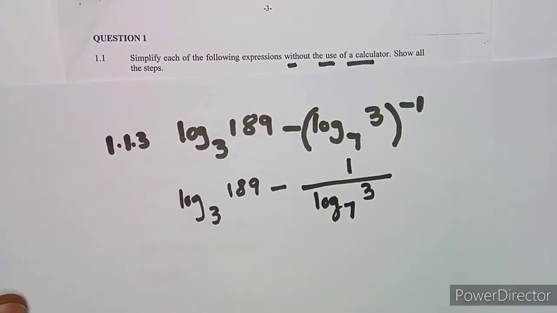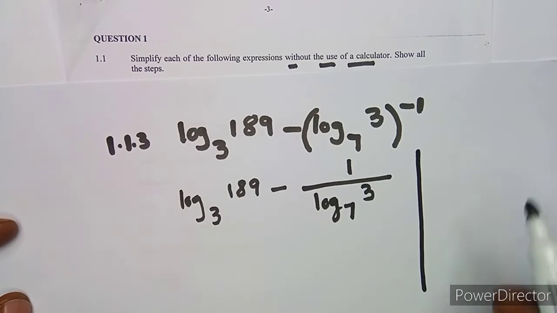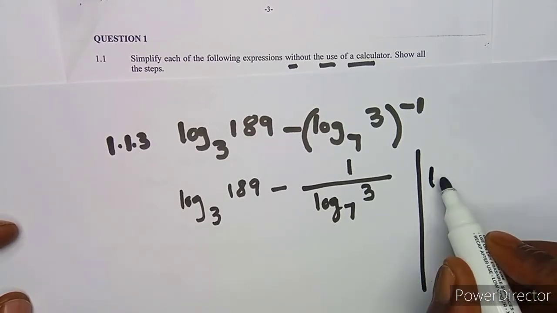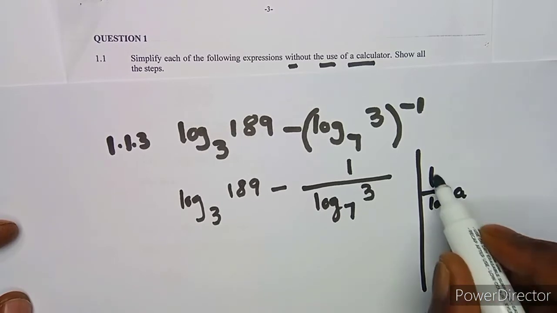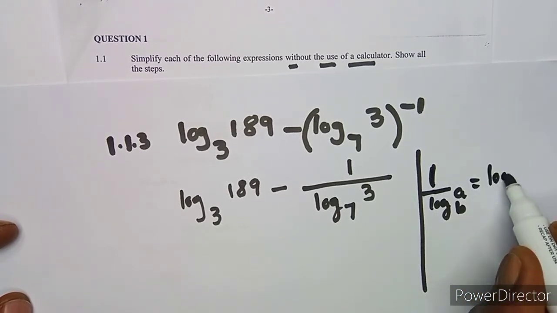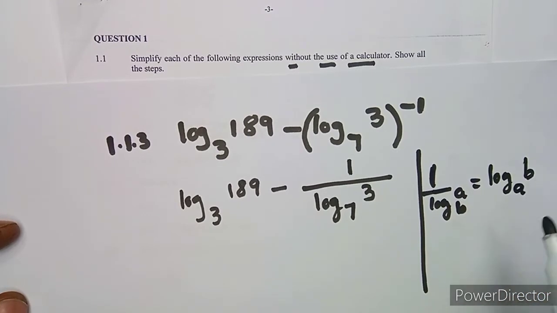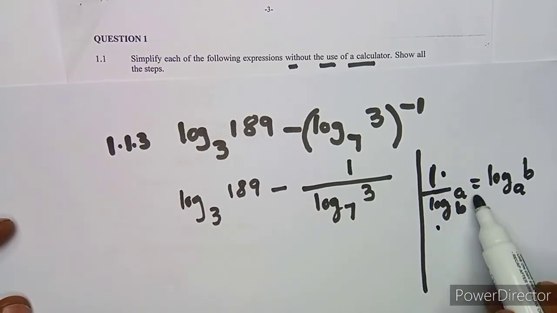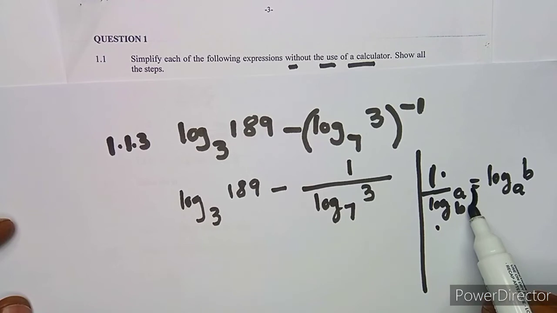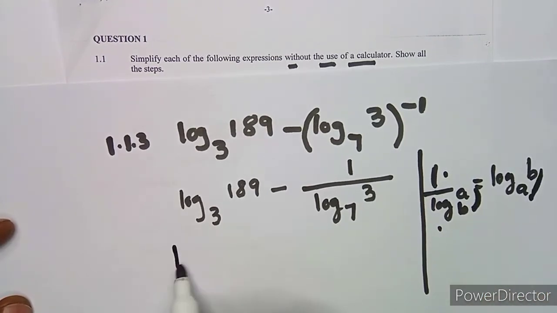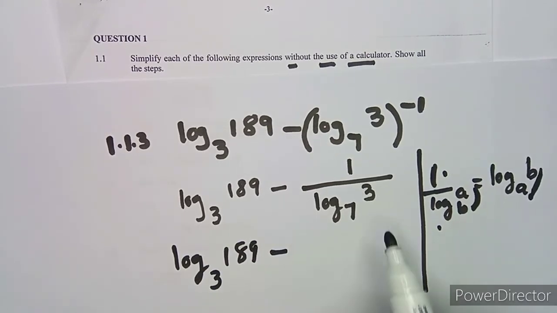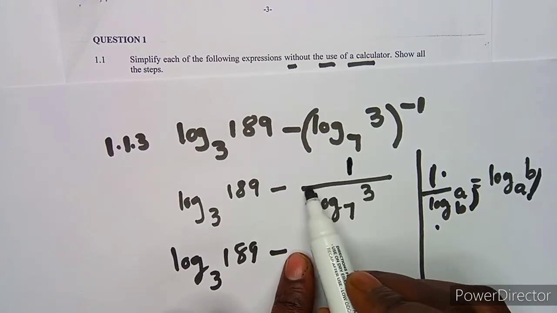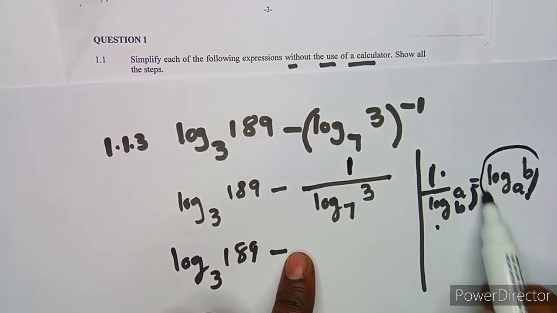All right. And we know that from our laws, we have got a logarithm, we've got 1 over log a base b, like this, which is equal to log b base a. Whenever you're given 1 over, you interchange these two. So it's going to be log b base a. So this means that I'm going to be left with minus, since I'm having 1 over already, and it's going to be like this.